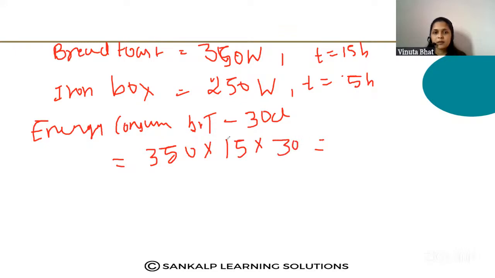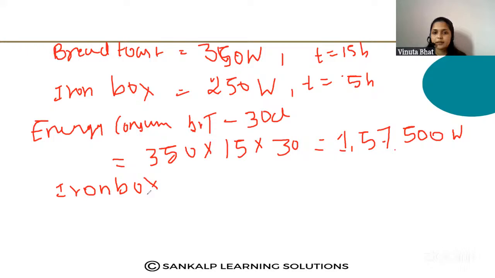So what is the energy consumed by the bread toaster? That is 350 into 15 into 30, that is equal to 1,57,500 watt.